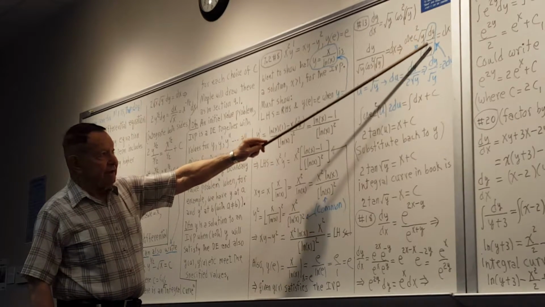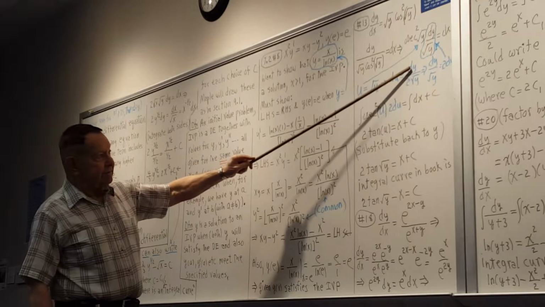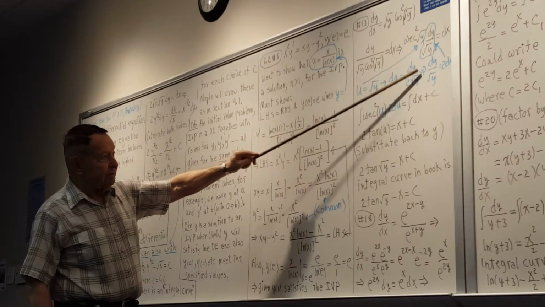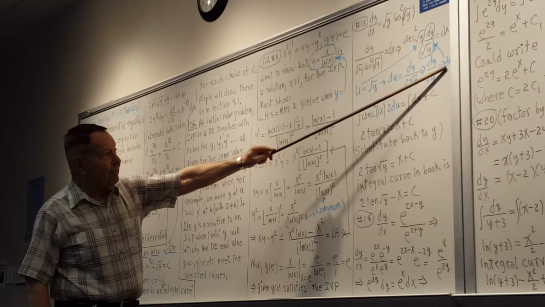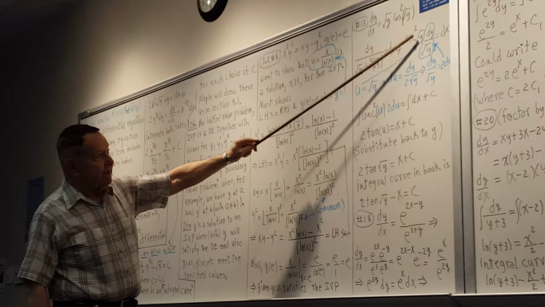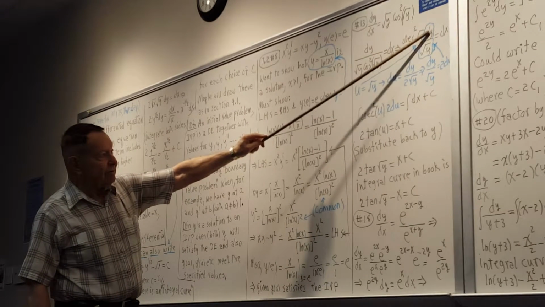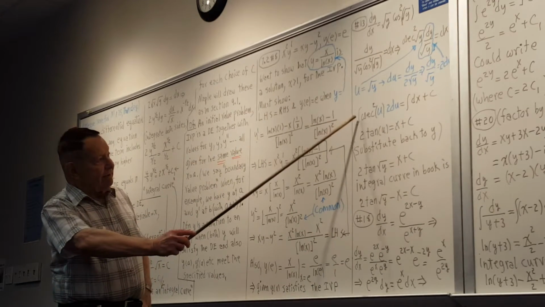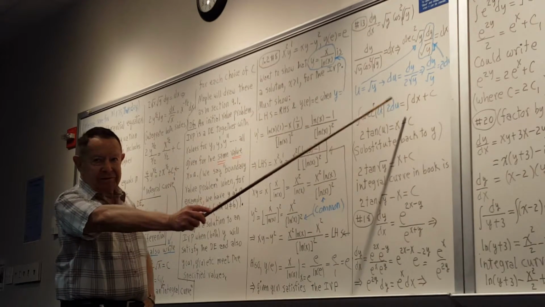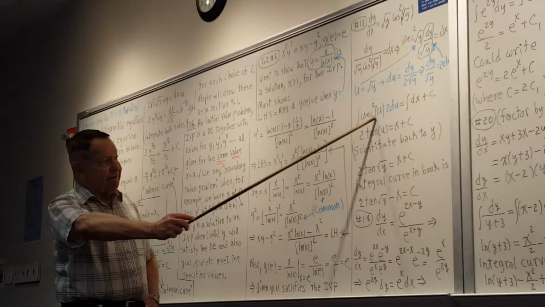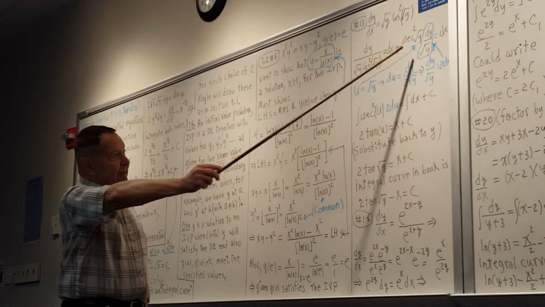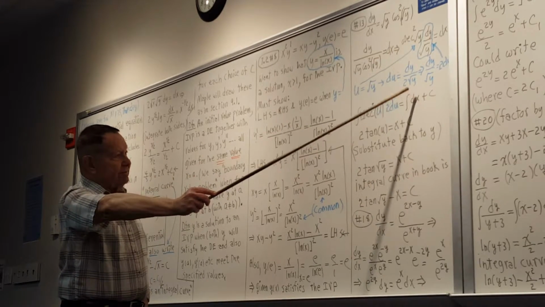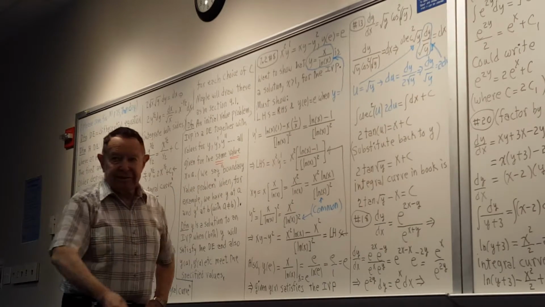So what you have here then, dy over the square root is 2 du. So I can replace that with u and that with 2 du, and then put on my integration symbols. And I have secant square u and 2 du is the integral of dx, then plus constant.